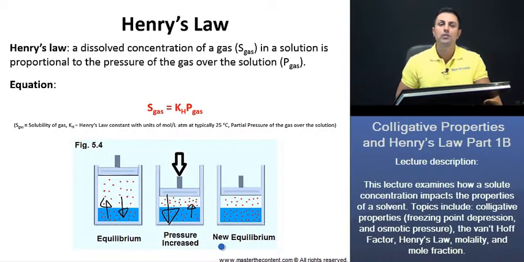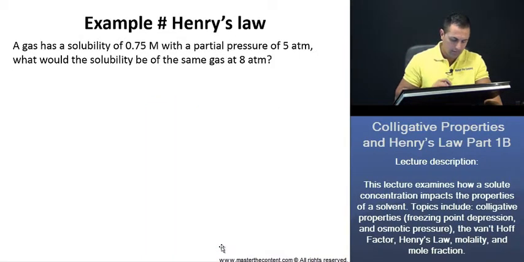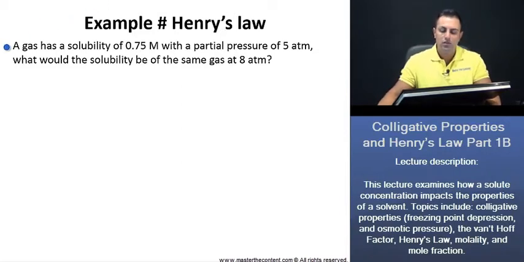Let's do an example now of Henry's Law on the next slide. Example, Henry's Law. A gas has a solubility of 0.75 molar with a partial pressure of 5 atmospheres. What would be the solubility of the same gas at 8 atmospheres?